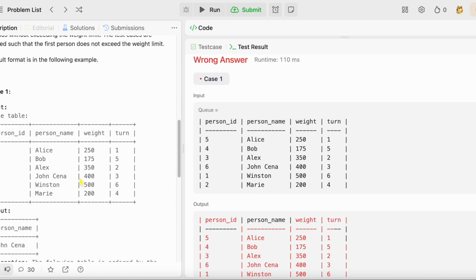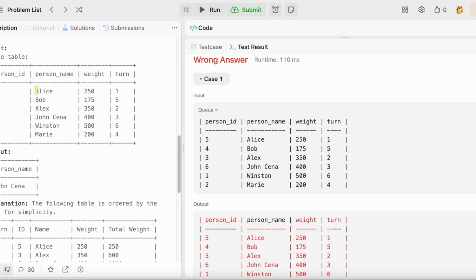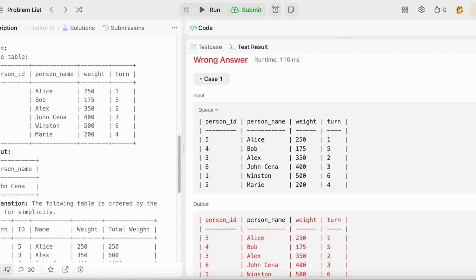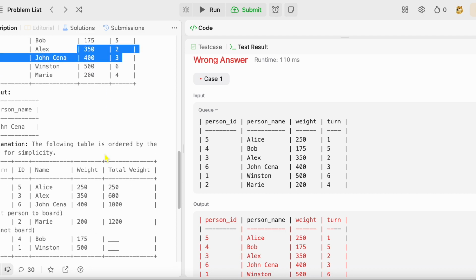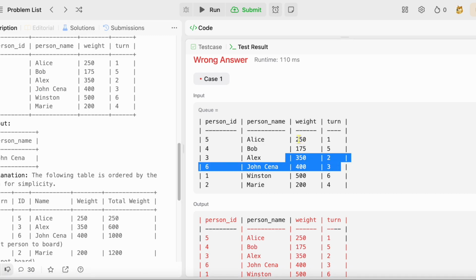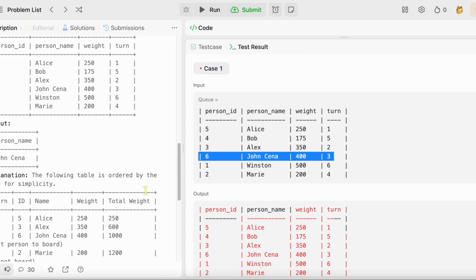So in the example that they have here with this table, this person named John Cena, on turn 3, the weight is 1,000. So John Cena would be the last person able to board the bus, because at John Cena, the running total weight is 1,000, 400 plus 350 plus 250. And John Cena is at turn 3, so this would be the answer.